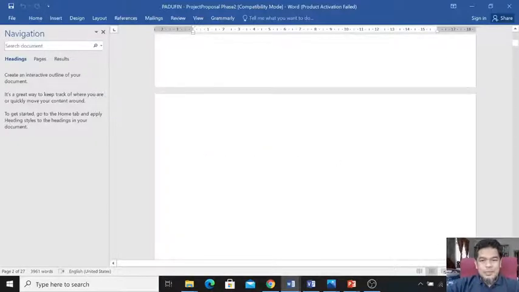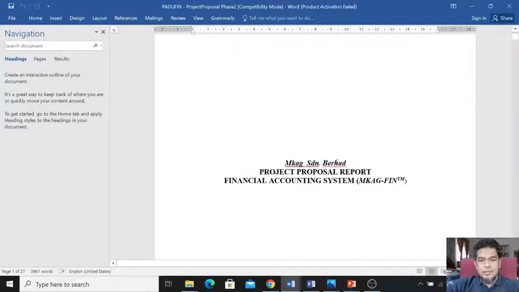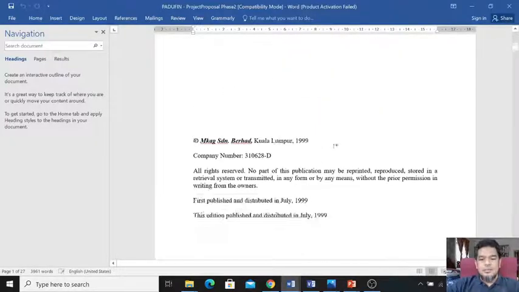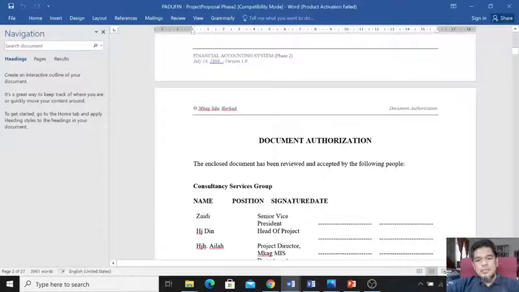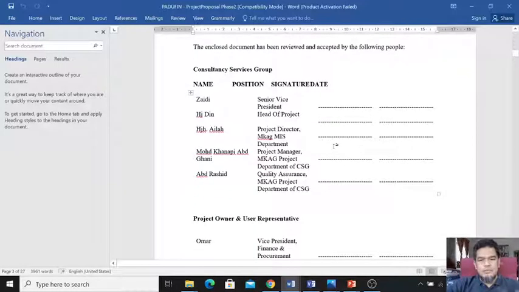So this document is still kept in my computer. This project is a financial accounting system. This was the standard for my company last time when we wanted to propose a project to the vendor or to the customer. So this is the format that we had to use. Different companies have different formats of business proposal.